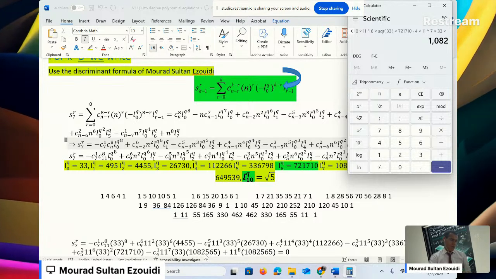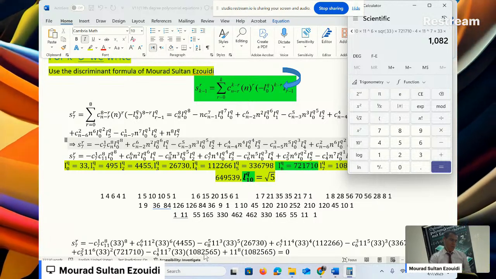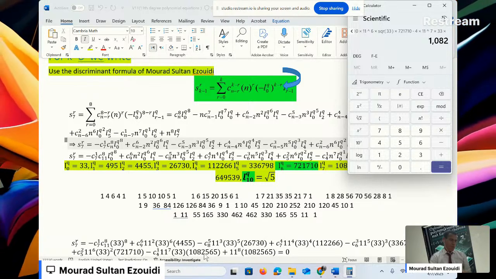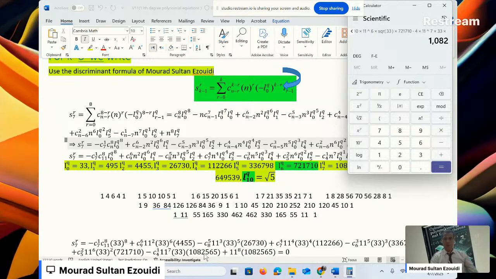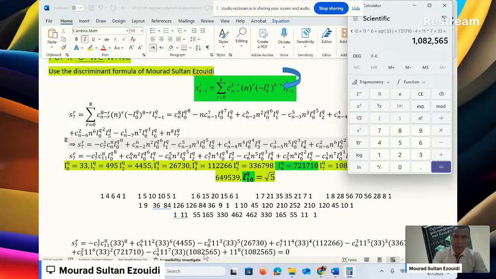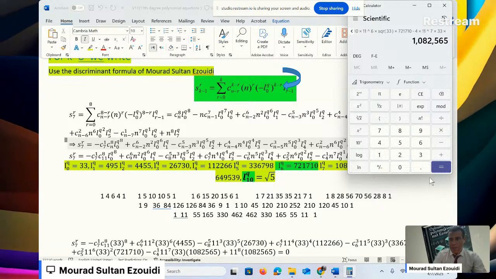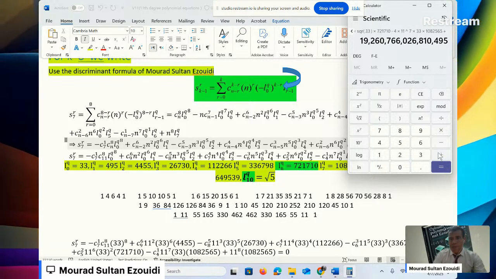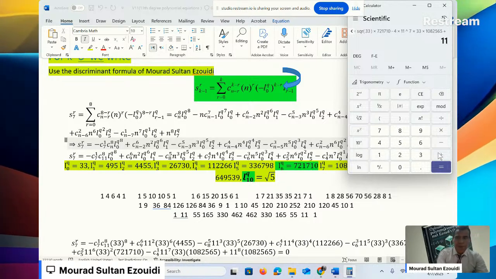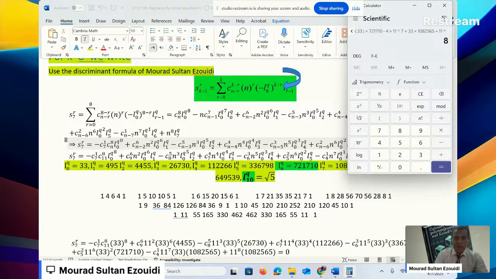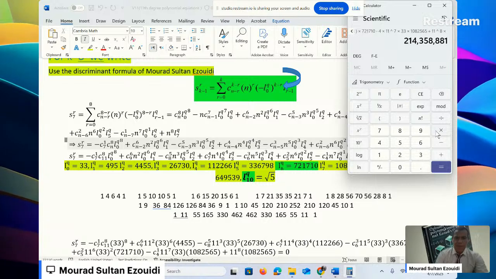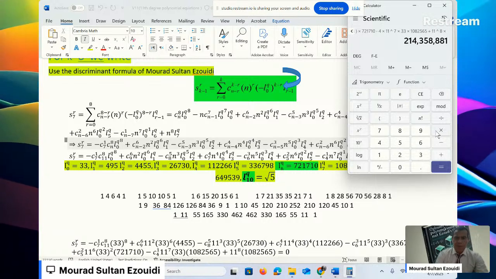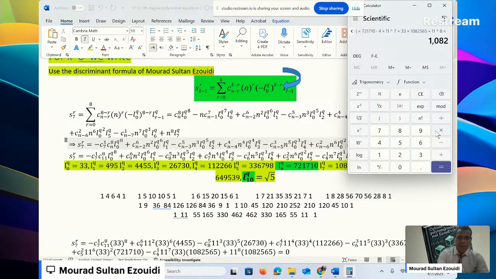So we put that and 1,022,000. So 560. Then plus 11 raised to the power 8 times 1,022,000.